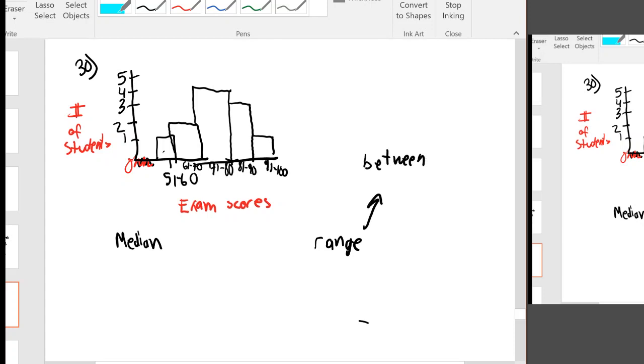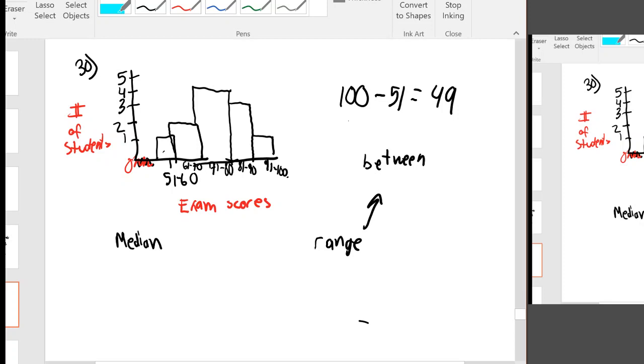two numbers, and the biggest range it can be is 100 minus 51, which would be 49. That's because that's the highest possible number. Like Johnny could have gotten 100 and Billy could have gotten a 51, and then that's 49.